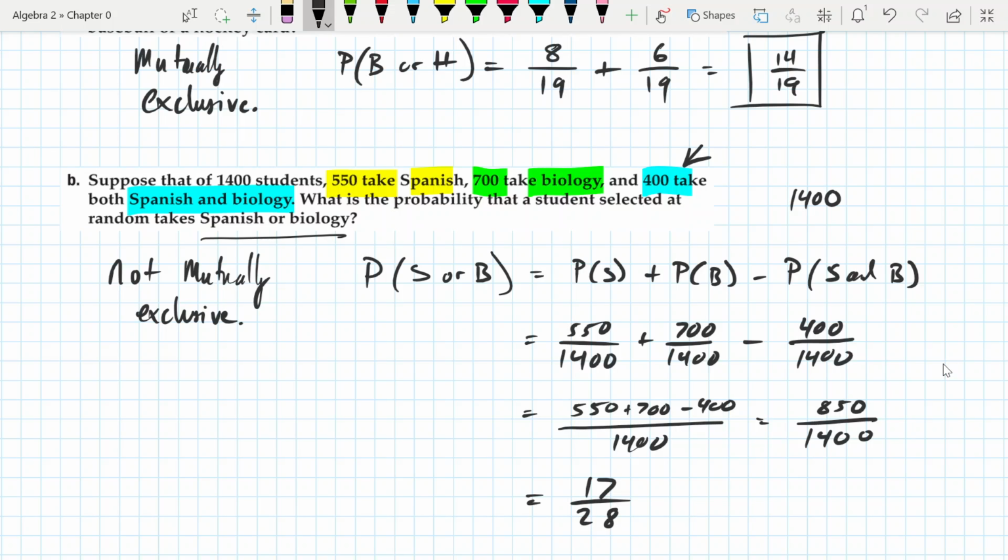But 17 is prime, so that's all it's going to be. So I have 17 divided by 28, which is 0.607. Let's just round it to there, approximately.